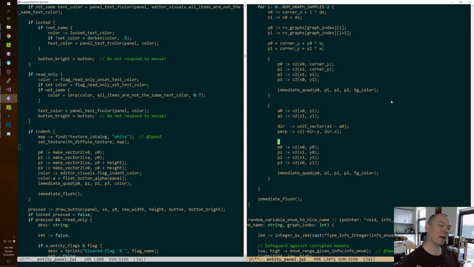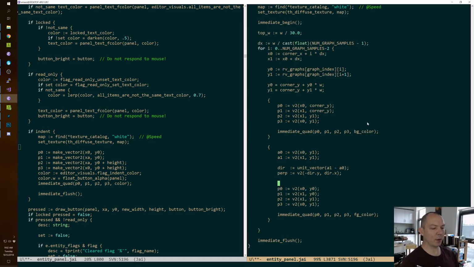Now, we might accidentally draw this back facing, in which case we just flip the sign. The way that I tend to think about this is I make a thing called strut, which is just the delta from a point in the middle out to the edge. That's just perp times top W times a half, because you go out halfway.